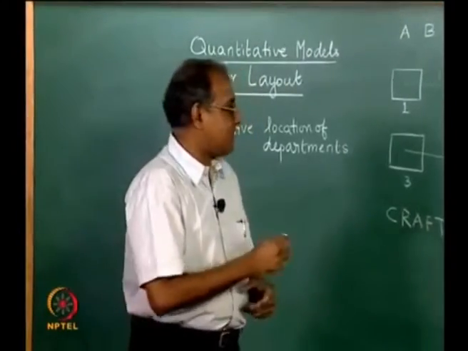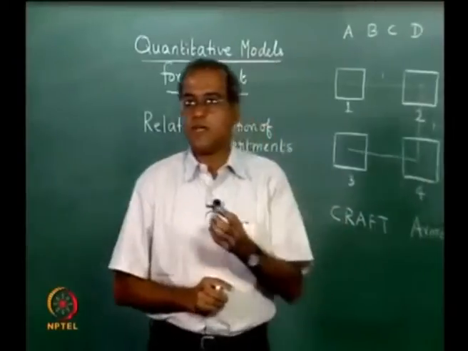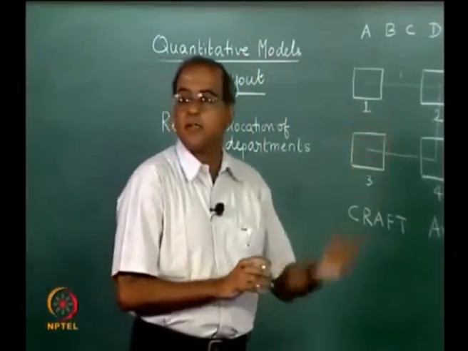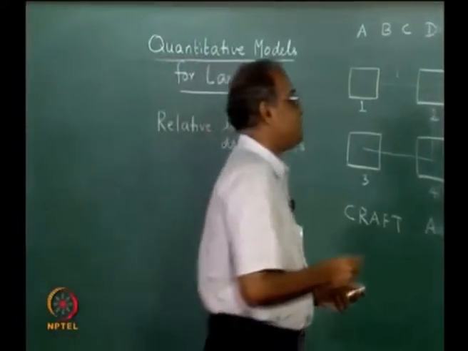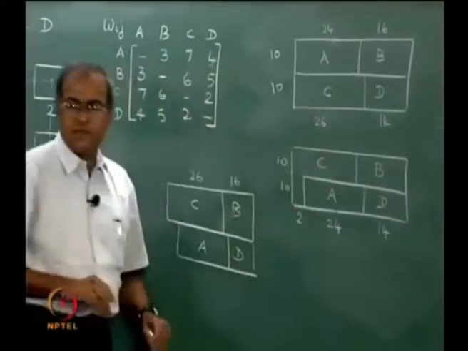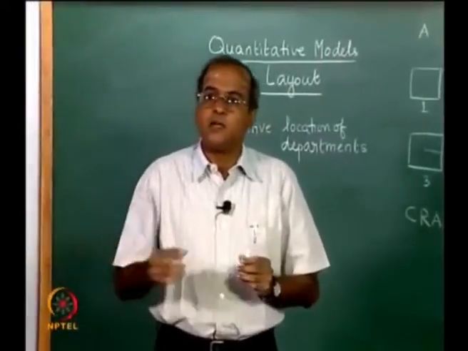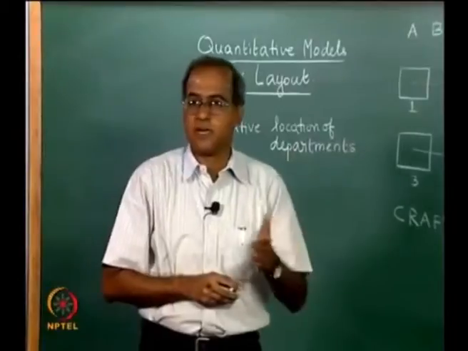For this reason, Craft became an extremely popular algorithm, even though Craft has certain simple limitations, like the fact that it is not an optimal algorithm, it is essentially a heuristic algorithm, and sometimes it could give us some kind of complicated shapes like this. Craft also can be modified and has been modified to include three-way exchanges, and several modifications to Craft have also happened.